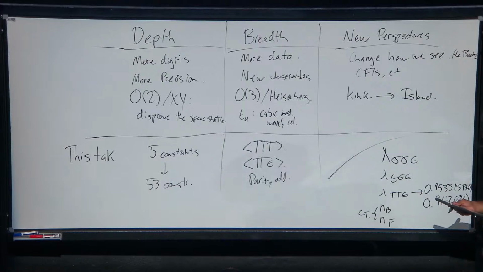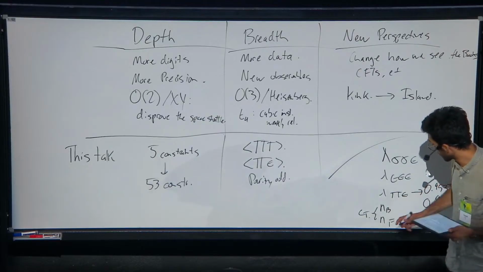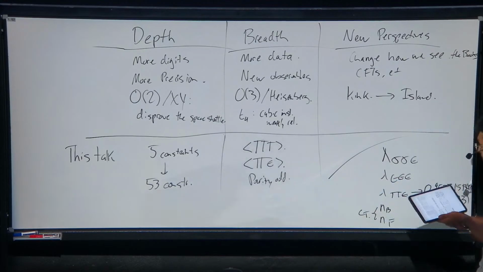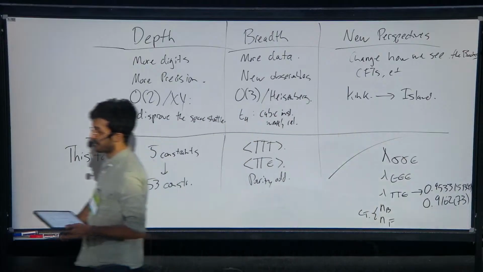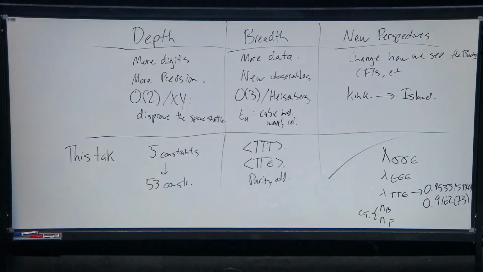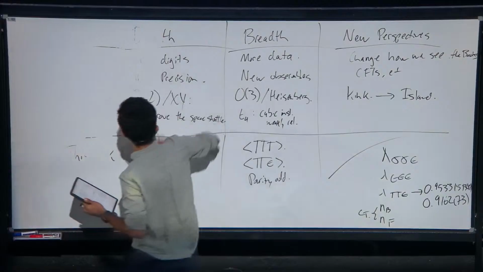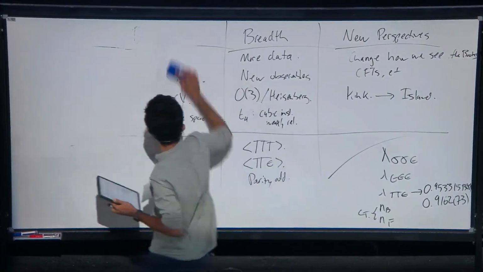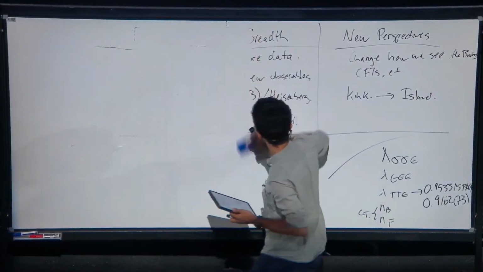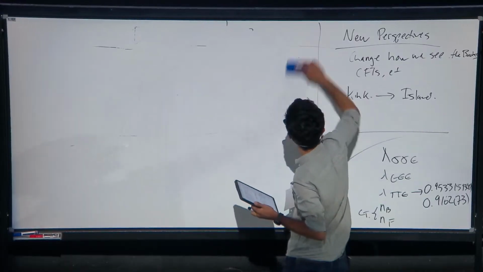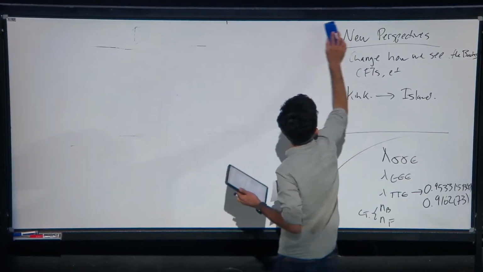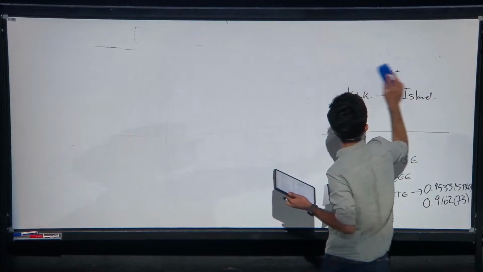I also want to point out these two pieces of data here, NB and NF, and maybe this is the time for me to erase. NB and NF correspond to the coefficients of the two invariant tensor structures of the stress tensor 3-point function.